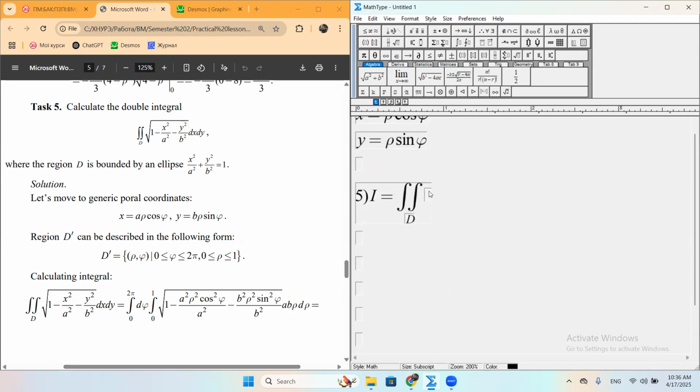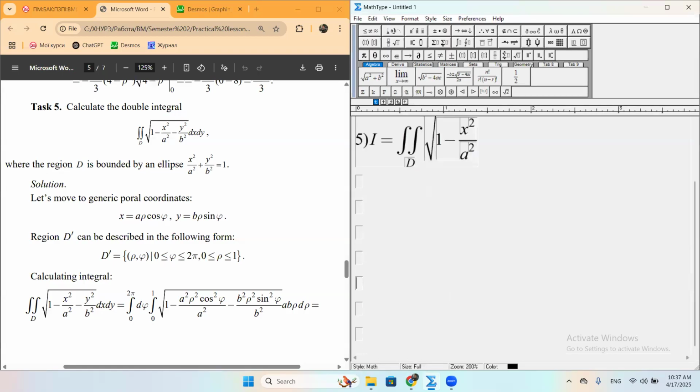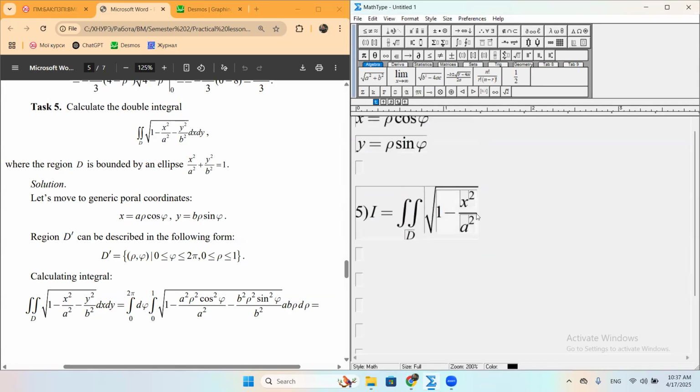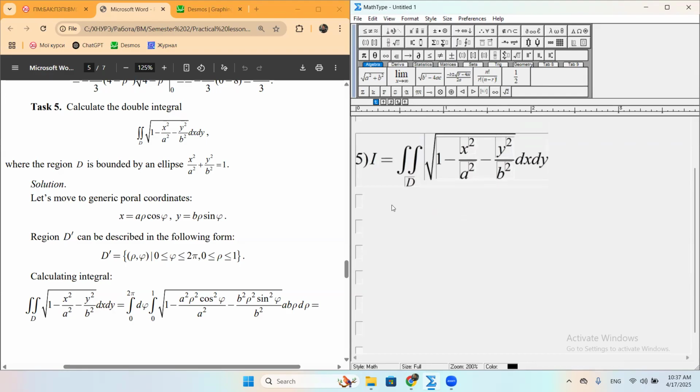Again, it looks really complicated, and if we try to calculate the integral directly in a rectangular coordinate system, of course, it would be difficult. Sometimes it is not even possible. The region of integration is bounded by an ellipse.